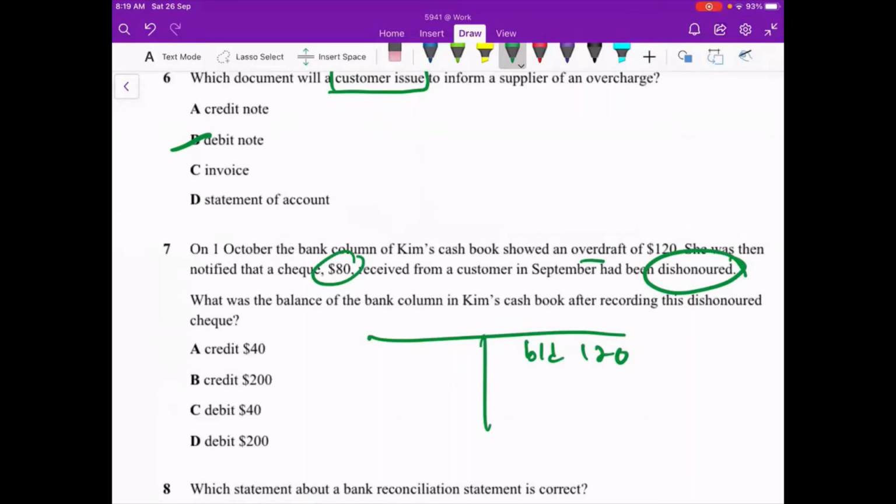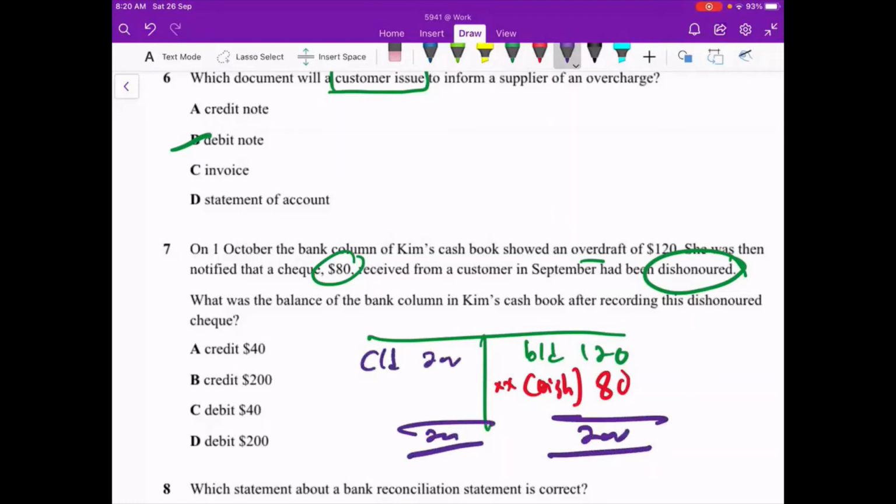So now it's dishonoured, so you need to minus. Minus means it will be on the credit side. We write 80. Normally we need to write the customer's name. This is dishonoured. What was the value of the bank of the Kim after recording the dishonoured cheque? After recording the dishonoured cheque, the value will be 200.